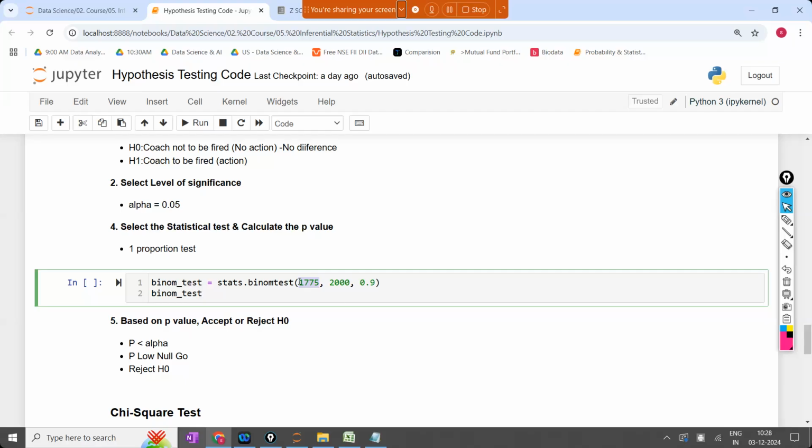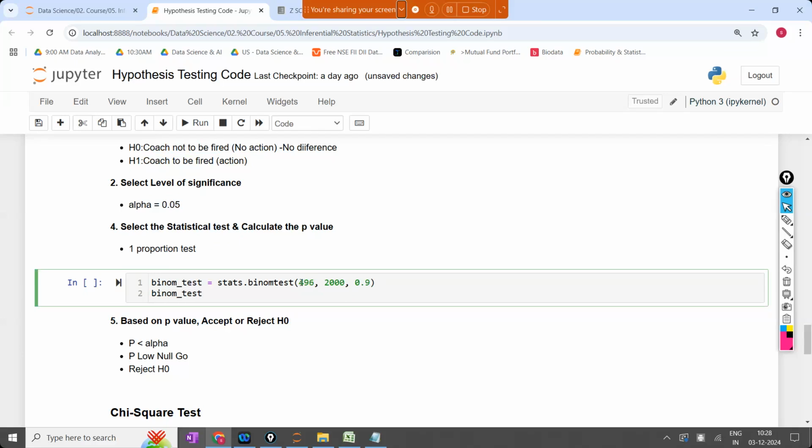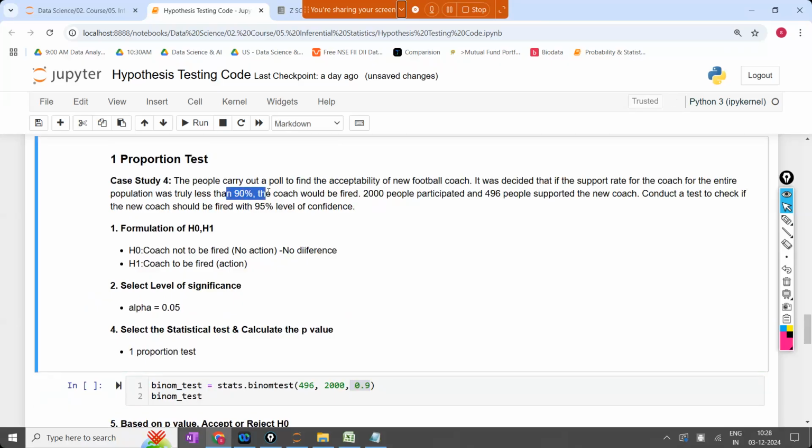Now, here, how many people are accepting the null? How many people are supporting the coach? 496 people. Right here, 496. Write that number, divided by the total number of people, 2000. Whether it will be equal to the 90% ratio? I'm writing here 90%. Why? Because they have given that 90% of people have to accept.